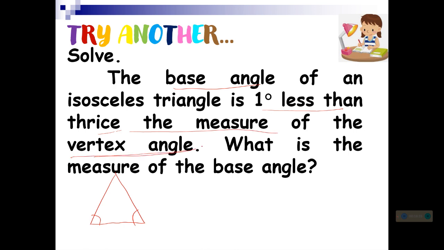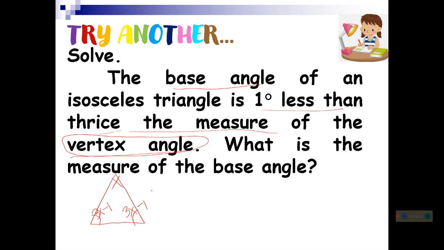So we will let x be the measure of the vertex angle. For the measure of our base angle, which is 1 degree less than thrice the vertex angle.